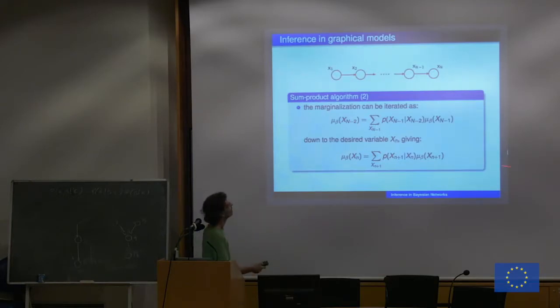So I sum over this, and I get again a message which depends on xn minus 2. I call these messages B because they are backward, because you are going backward along the chain. So if any of you is familiar with dynamic programming, this is dynamic programming.